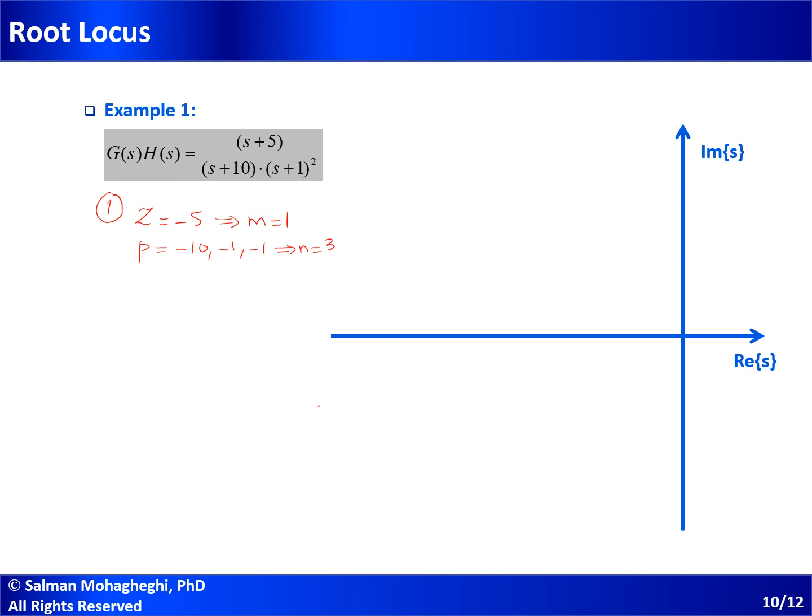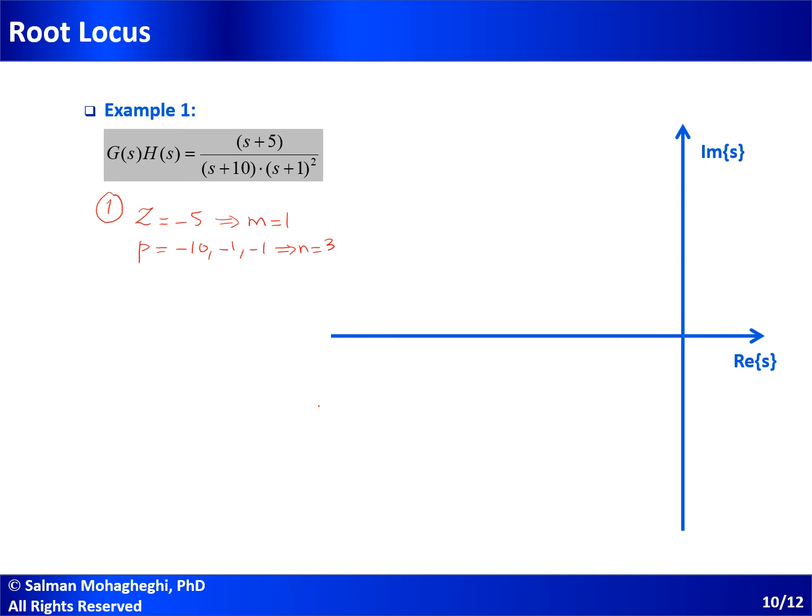Now, I have 3 poles and I have 1 zero. And you know that the loci or the branches of root locus will start from loop gain poles and will end at loop gain zeros. Since I only have 1 zero, that means one of the poles will go towards that 1 zero, but the other 2 poles would have to go to infinity along some asymptotes.